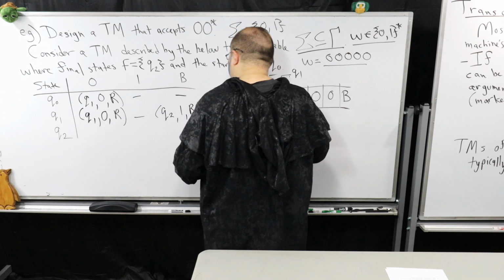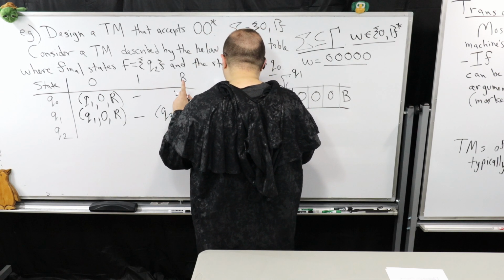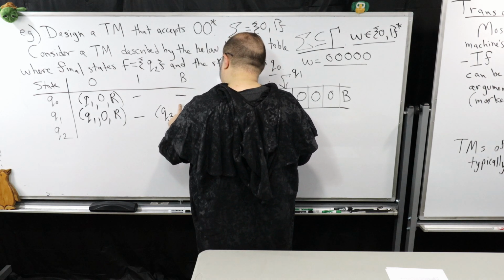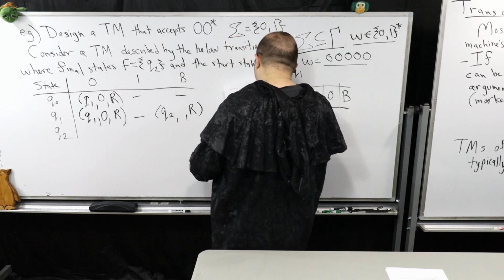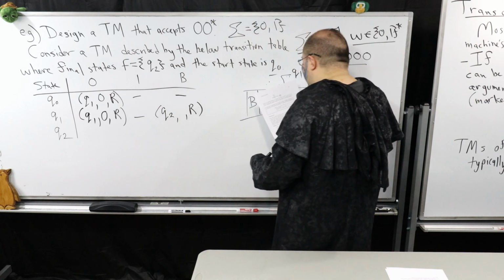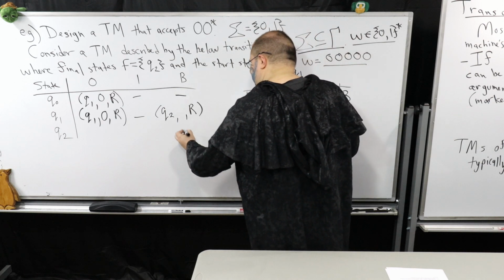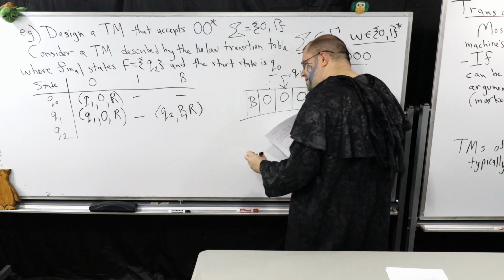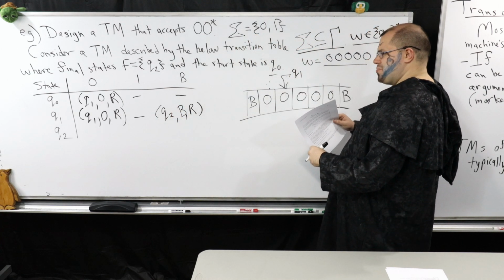And what I'm going to do is, I guess it doesn't matter if I put a 1 or a B, it doesn't really matter a whole lot. I could technically just leave it as a B if I run into a B. I could make it a 1.